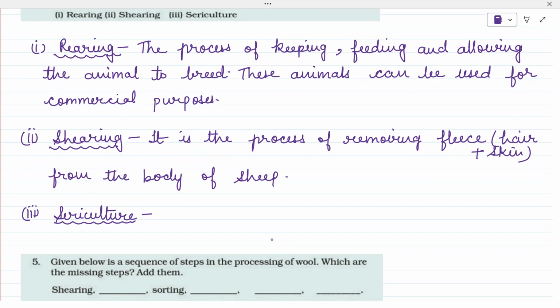Okay, now third one is sericulture. What is sericulture? When we do rearing of silkworm to get silk, that is known as sericulture, right?